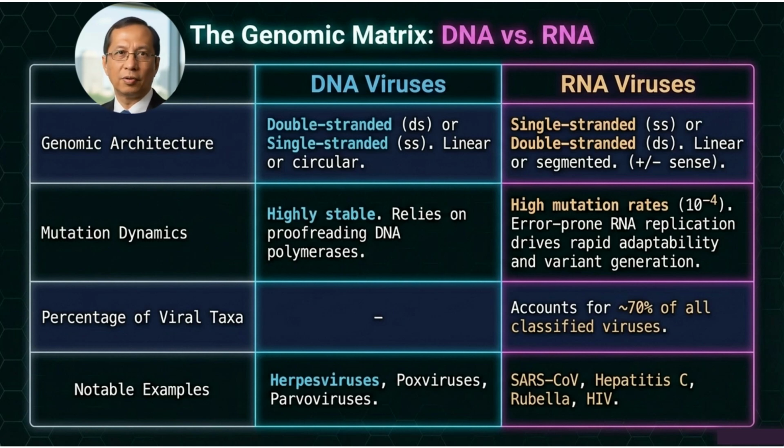RNA viruses, on the other hand, can also be single-stranded or double-stranded, linear or segmented, and can be positive or negative sense. They are characterized by high mutation rates, often 10 to the power of -4, driven by error-prone RNA replication, leading to rapid adaptability and variant generation. RNA viruses account for approximately 70% of all classified viruses, with notable examples like SARS-CoV, hepatitis C, rubella, and HIV.